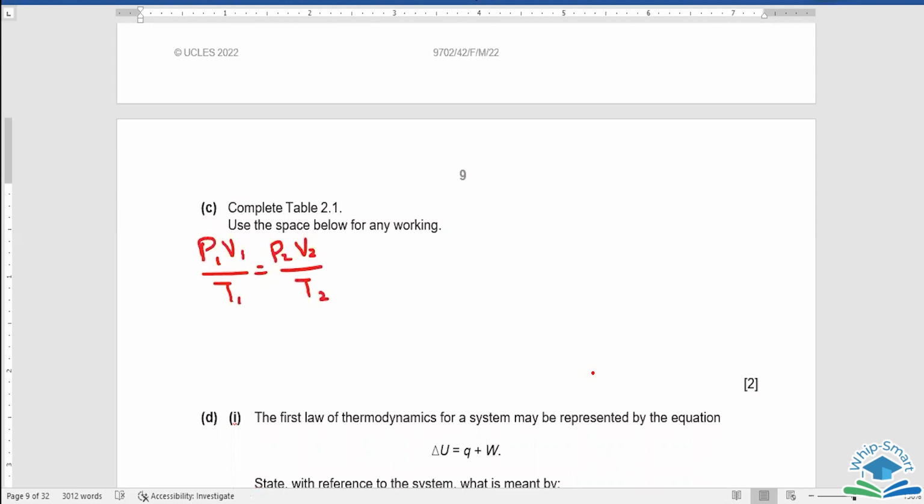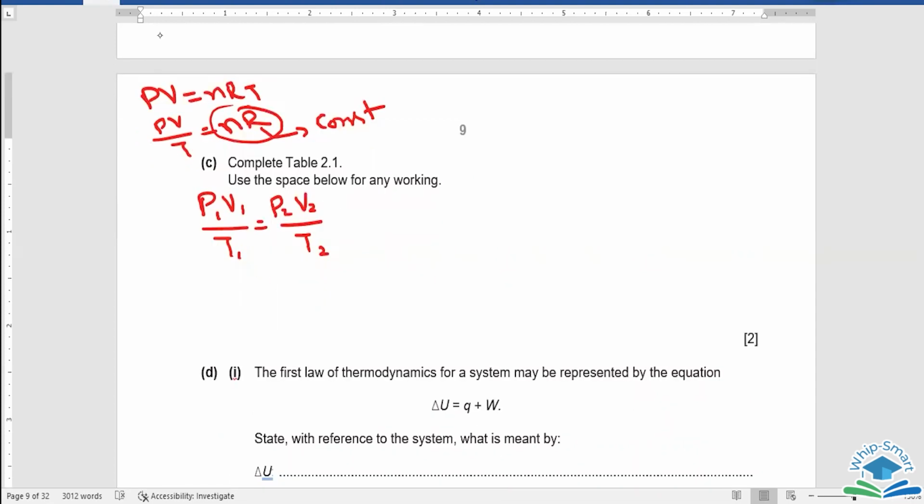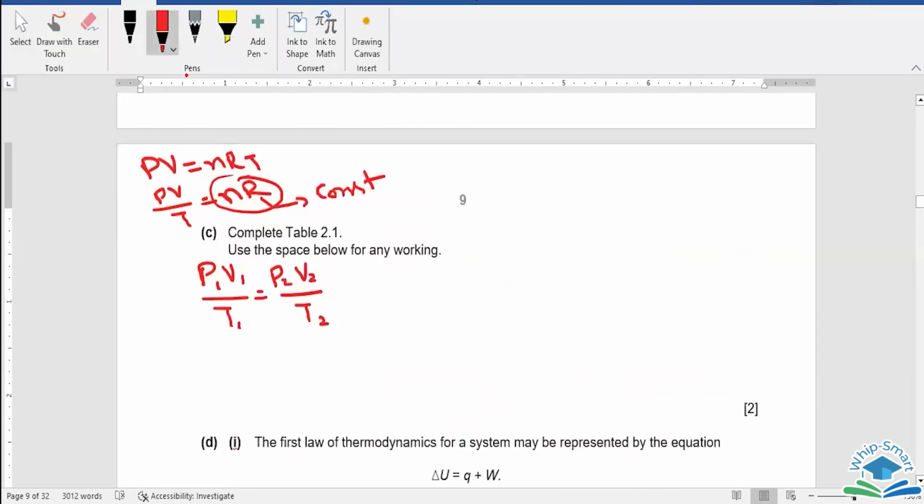This is because PV equals to nRT and PV upon T is equal to nR. The product of pressure and volume divided by temperature is equal to nR, which is a constant. As I only need to find Vz here, I will use Px Vx upon Tx and consider this Pz Vz upon Tz. So we have to find Vz here.